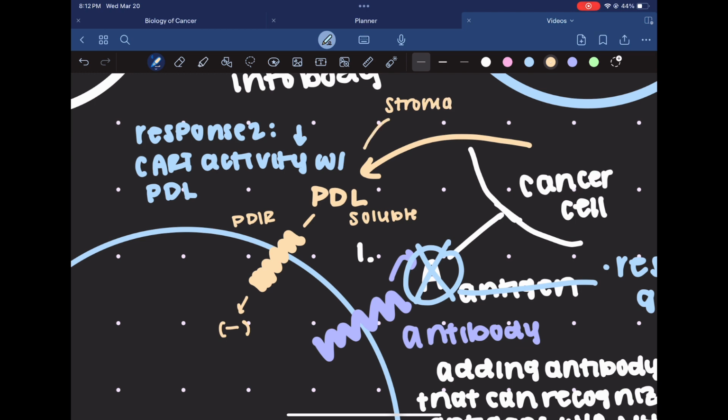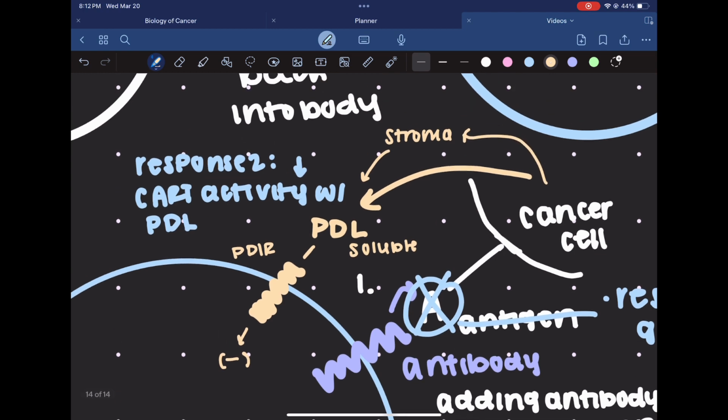It's going to be secreting that PD-1 ligand as well to be able to interact with the PD receptor. And these are stroma that are being controlled by cancer cells, right? So we call these active stroma because they're being controlled by the cancer cells.